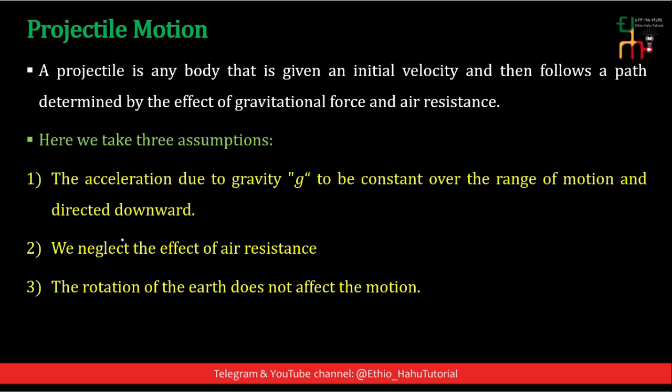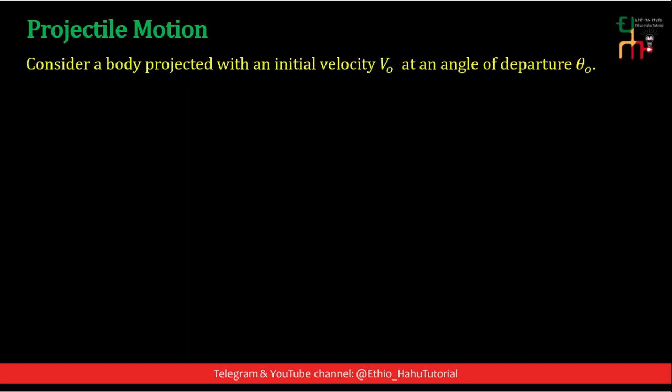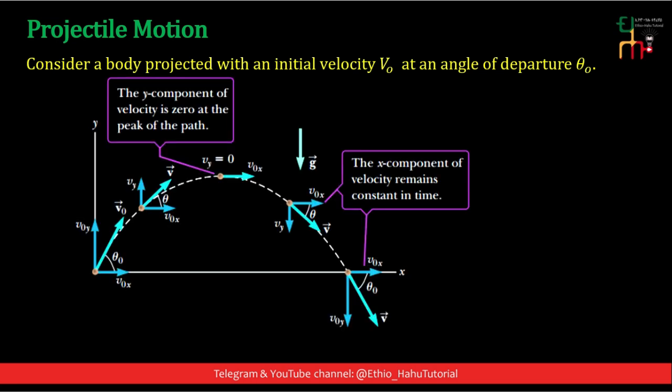Having this assumption, consider a body projected with an initial velocity v0 at an angle of departure theta naught, like this. A particle is projected with an initial speed v0 that makes an angle theta naught with the horizontal. Therefore, this is the trajectory of the projectile motion.